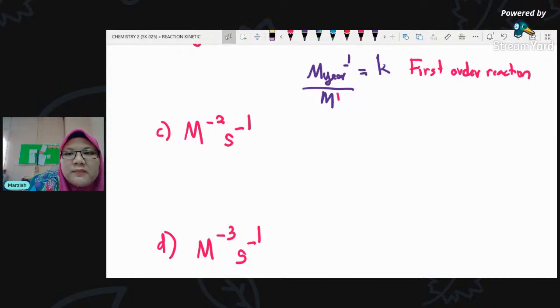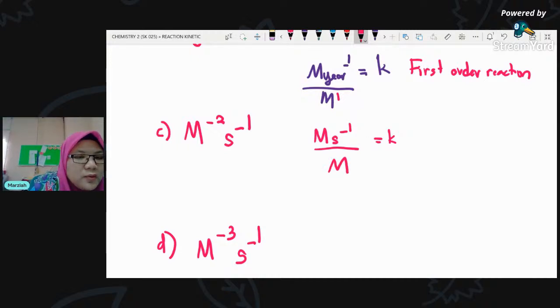It is in M^-2, so we can put k is equal to M^-1 over M to the power of x. What is m to get negative 2? It means negative 1 plus what equals negative 2, so x is 3. Is it 3?